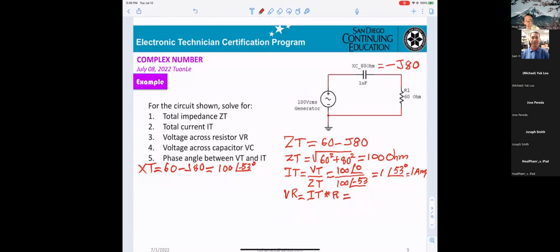I total will be 1 at an angle of 53, and R will be 60 at an angle of 0. You multiply the magnitudes and add the angles. So 1 times 60, you get 60 volt, and the angle will be 53.